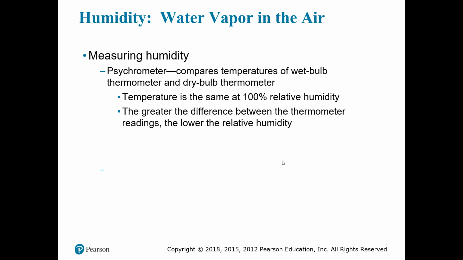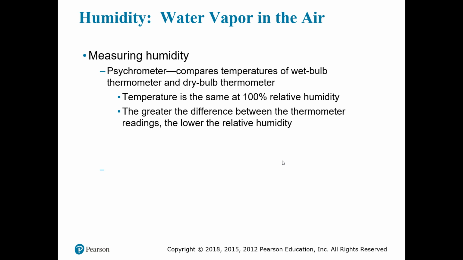You guys have a sling psychrometer, I believe, in your lab kit. So that's something that you can actually experiment with by wetting the wet bulb and keeping the dry bulb dry. And you swing it around in the air and allow some of that water vapor, the water that's on the wet bulb, to evaporate. If it can, the evaporation causes a cooling of the bulb, and therefore there'd be a difference in temperature.